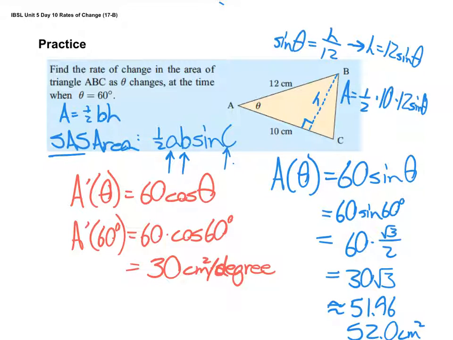So you find the difference between the two, and that's what you change every time. Well, according to this, at 60 degrees, we're changing at a rate of 30 square centimeters per degree. Now, as soon as we get off 60, that changes just a little bit, but we can use it to approximate.